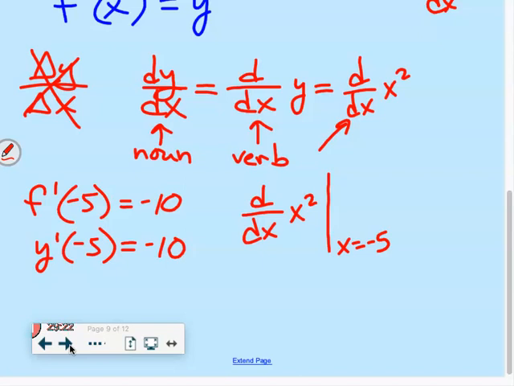So whenever in math, if you ever see something written and it's got this vertical bar with an x equals -5, all that means is substitute -5 in for x. Oh, whoops, yeah, because it's derivative. So the derivative of x squared at x equals -5 is. So the vertical bar notation is correct.